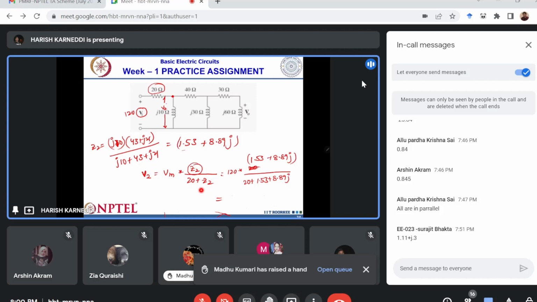Z2 is 1.53 plus 8.89J, so that is 1.53 plus 8.89J over 20 plus 1.53 plus 8.89J.